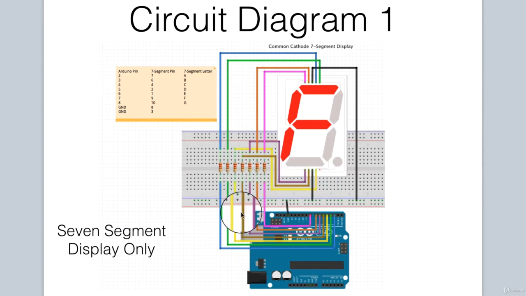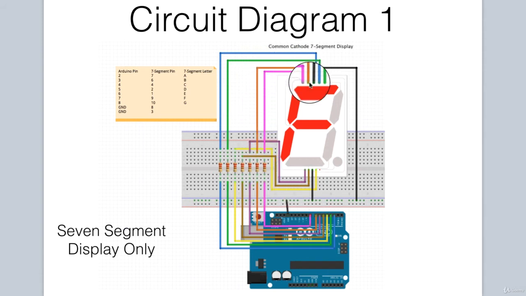Next, pin 5 on the Arduino goes to pin 2 on the 7-segment display. Next, pin 6 on the Arduino goes to pin 1. Then pin 7 on the Arduino, the other end of that resistor goes to pin 9.